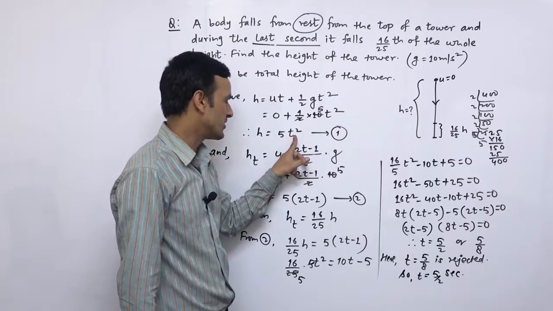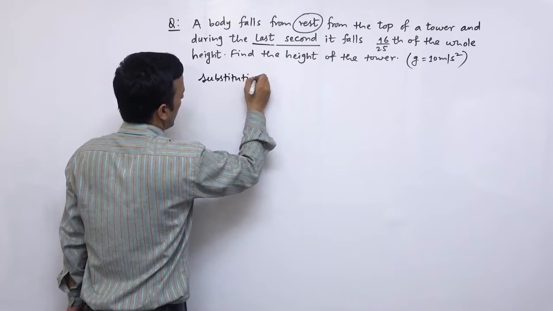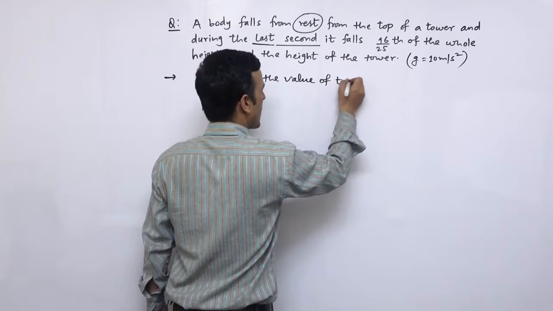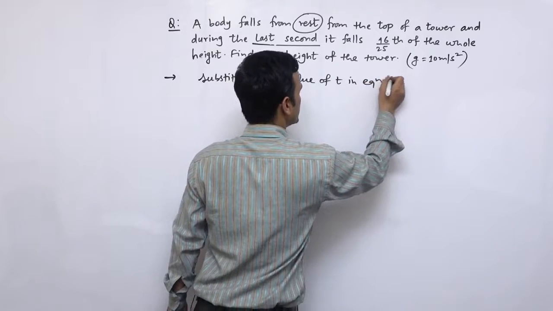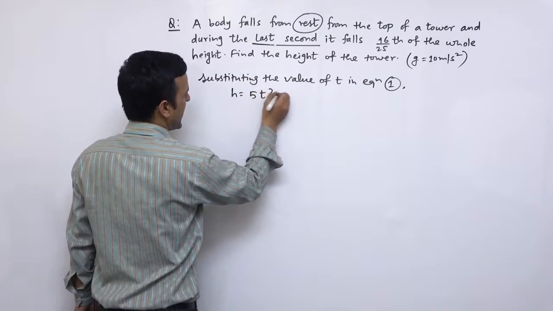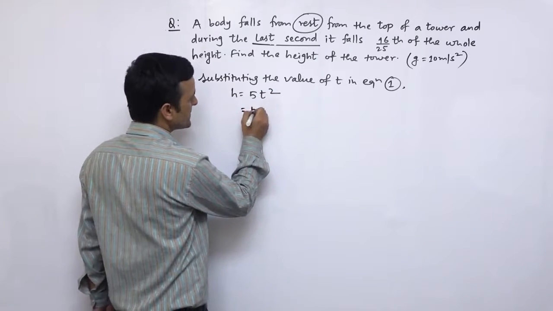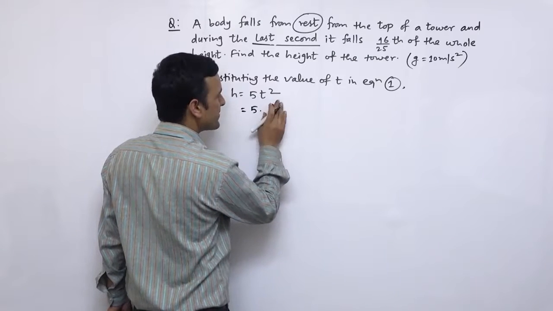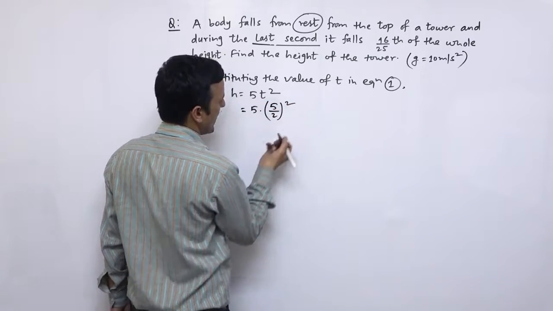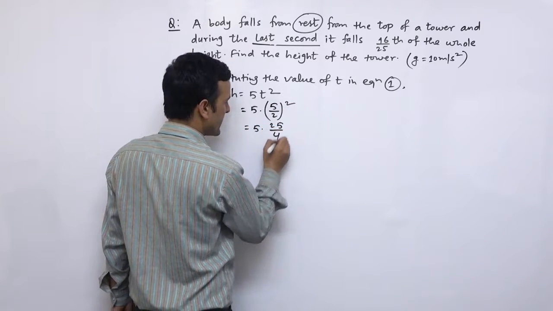यसमा लगाएर सब्स्टिट्युट गर्नुपर्छ. So substituting the value of t in equation 1, and equation 1 is h is equal to 5t square and the value of t is 5/2 whole square, and 5 into 5 square means 25 divided by 4.